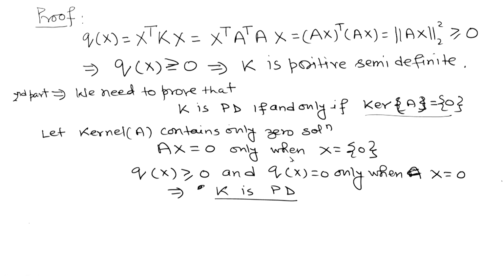Let us do the same result the other way. If we assume that K is positive definite, then we need to show that the kernel of A has only the 0 vector. If K is positive definite, all the eigenvalues of K are positive.